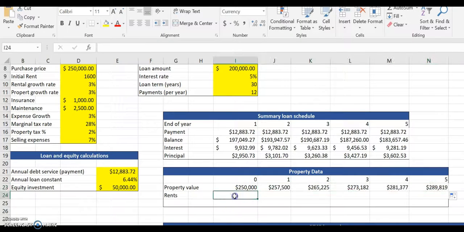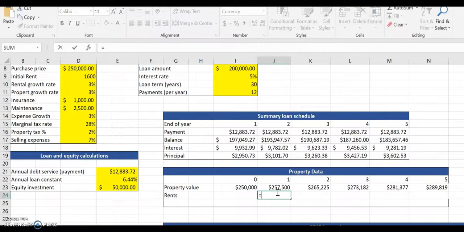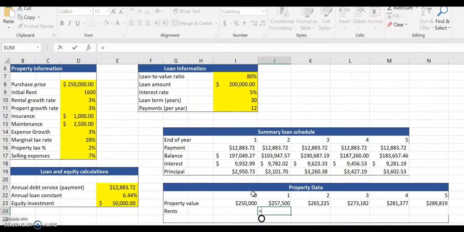Okay. And we'll go to our rents. For our rents, it'll be our monthly, and we will multiply that by 12, giving us that amount.